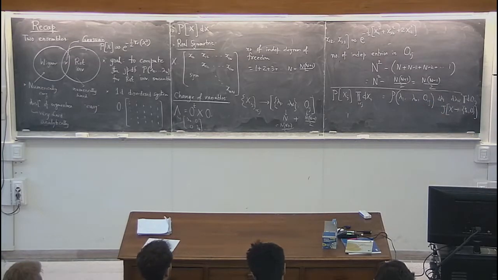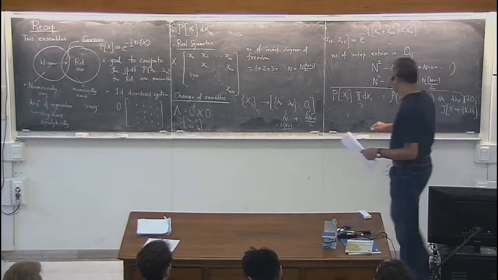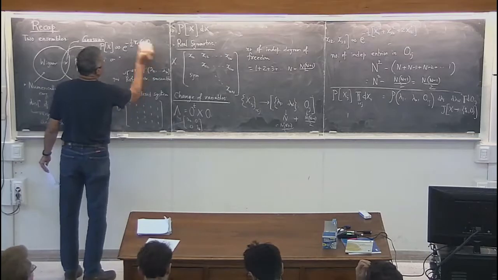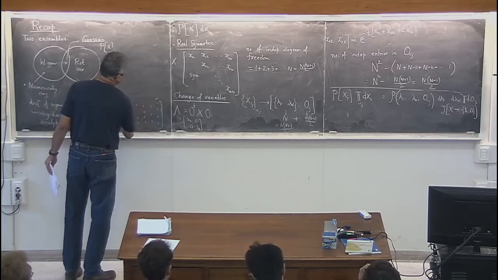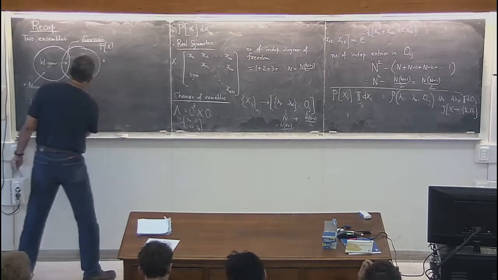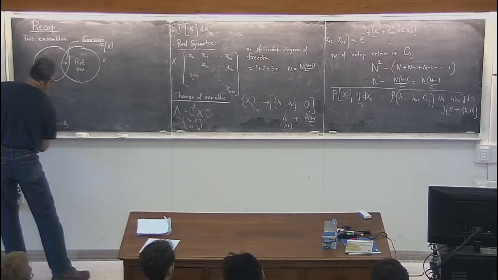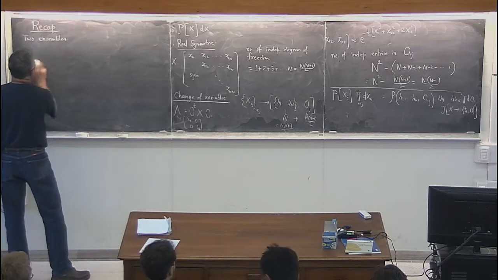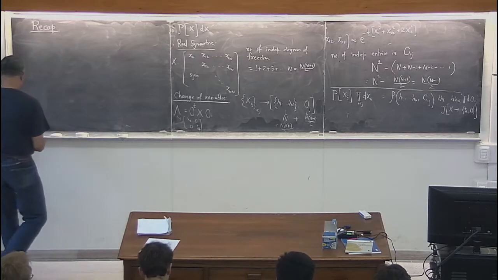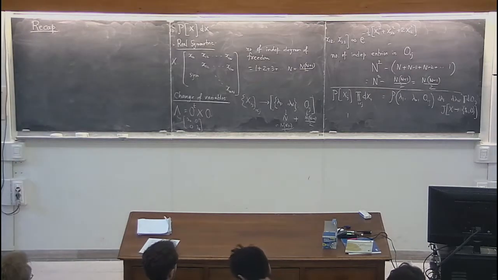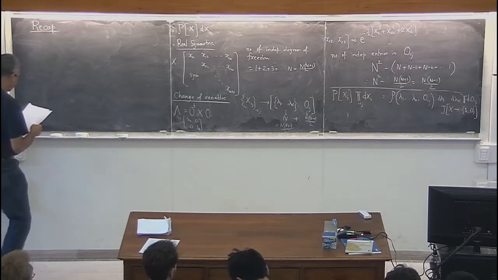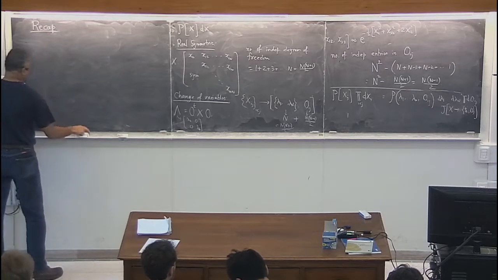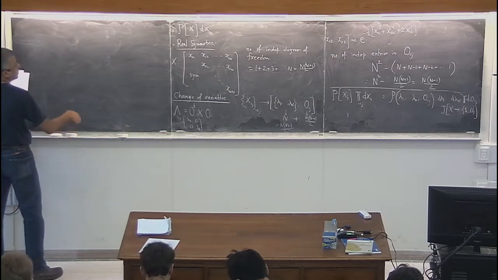So how does it work? I'll just give you the general idea. It's enough to do the 2 by 2 case, and you can then generalize it quite easily to the n by n case. So let's start with the 2 by 2 matrix.